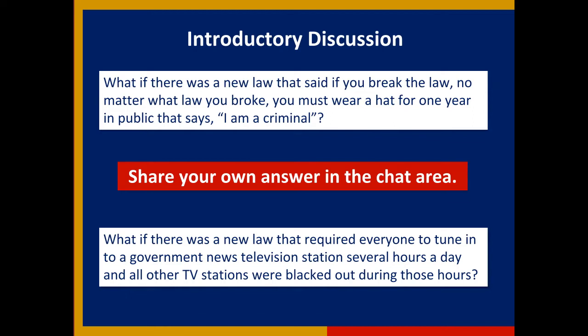In the discussion, students hopefully will pick up on, and you can guide them to understand, that laws like these would be very tough to pass because we have something called the Constitution and the Bill of Rights, and we have certain rights that are guaranteed in those documents. So you can explain to students that today they're going to explore the rights and freedoms that we want protected, especially in situations like we see described in these questions.